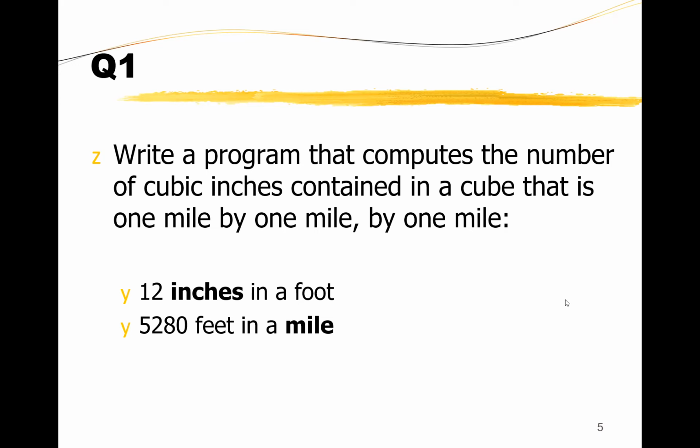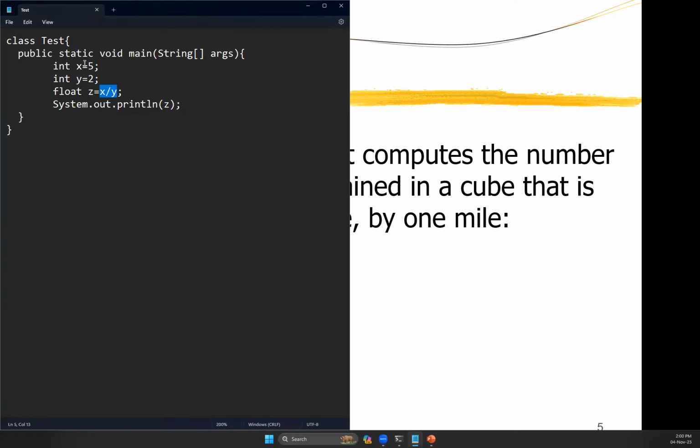Right, now what it says: 12 inches, 5,280 feet. Inches per mile is 12 into 5,280.